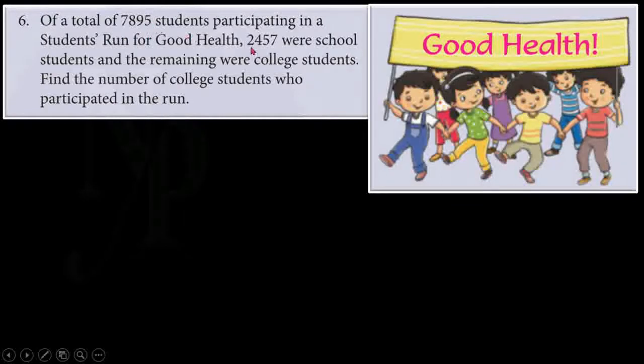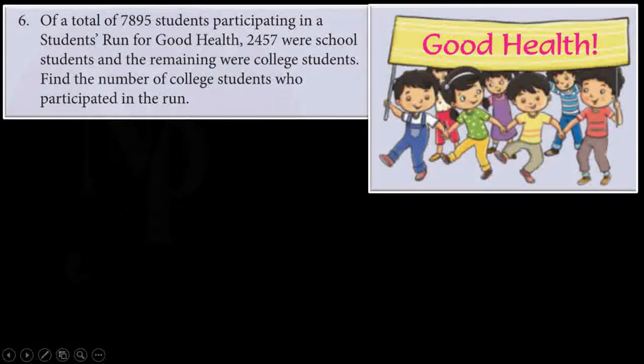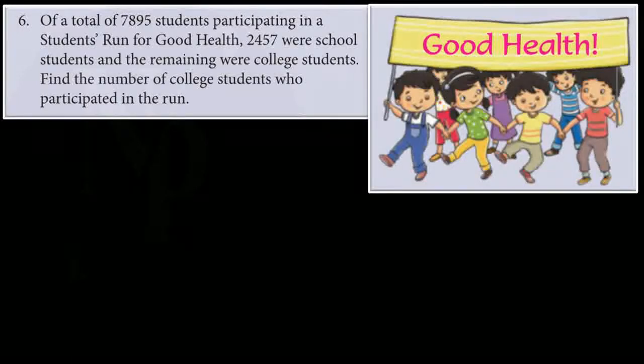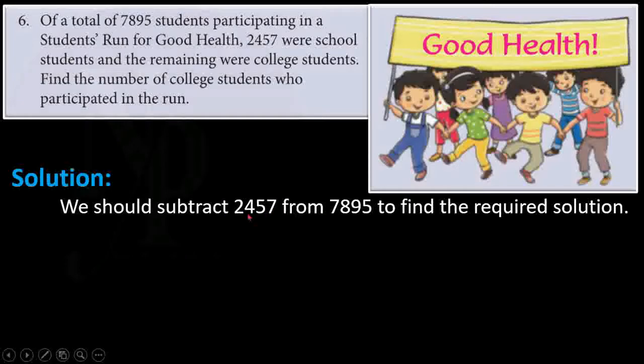Among those, 2,457 were school students, and we have to find the number of college students participating in this run for good health. So how will we find this? We should subtract 2,457 from 7,895 to find the required solution.